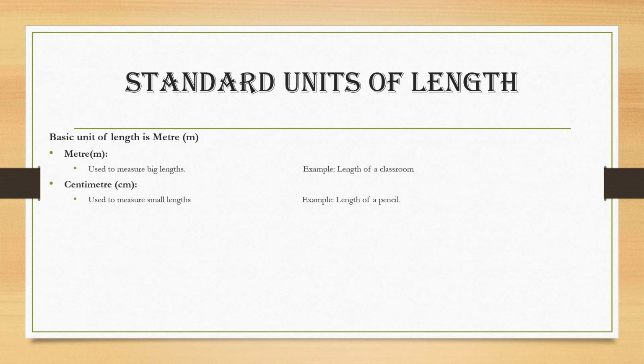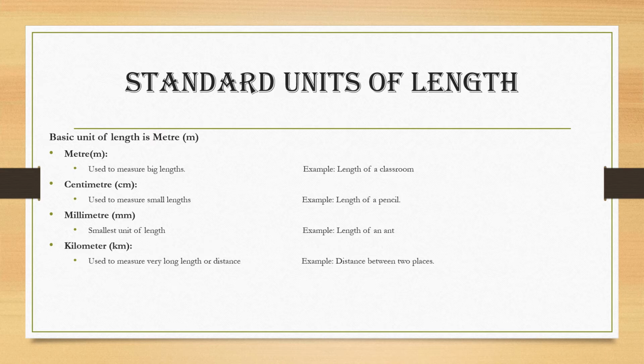And the next unit is centimeter. When we measure small things, we use centimeter. You have a scale, that scale is in centimeters. Example, when you want to measure the length of your pencil, length of crayon, length of chalk, then we use centimeter. There is one more unit, that is millimeter. So, just see your scale, and see that there are small lines on this scale, and these indicate millimeter.